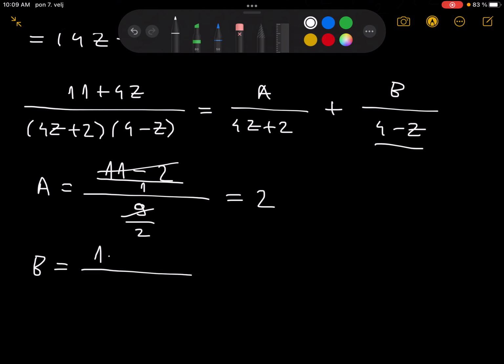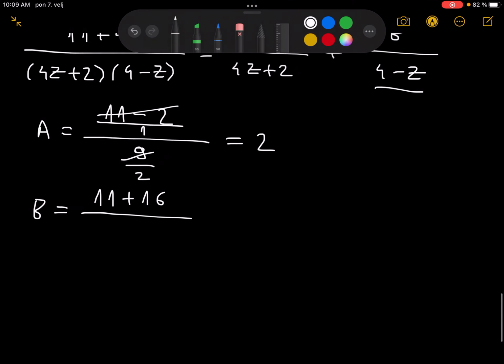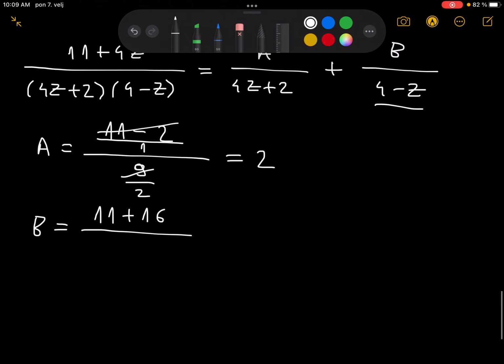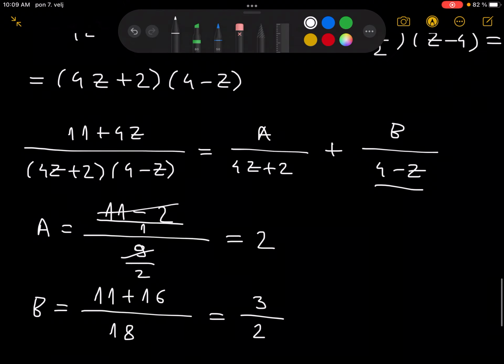So B is equal to 11 plus 4 times 4, which is 16, over 4 times 4, which is 16, plus 2, which is 18. Okay, and this is 27 over 18. When we divide it by 9, we'll get 3 over 2.